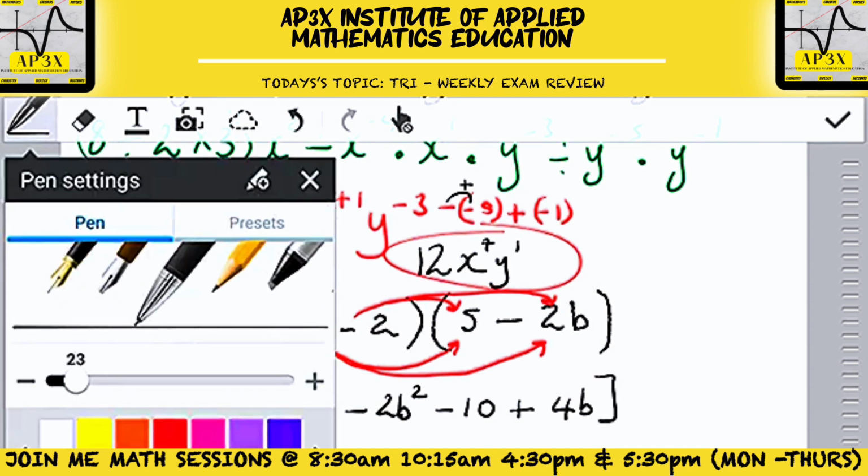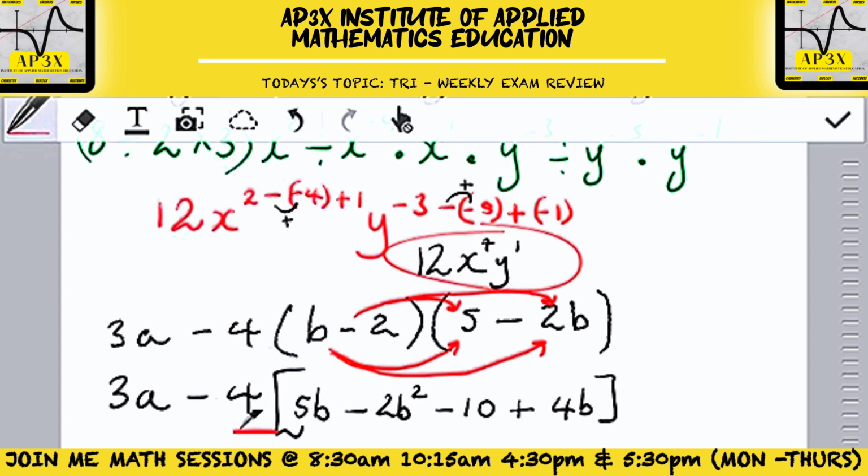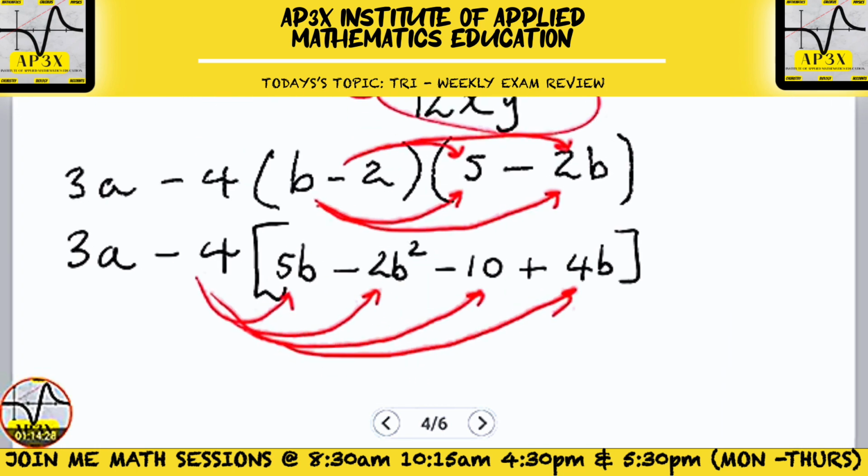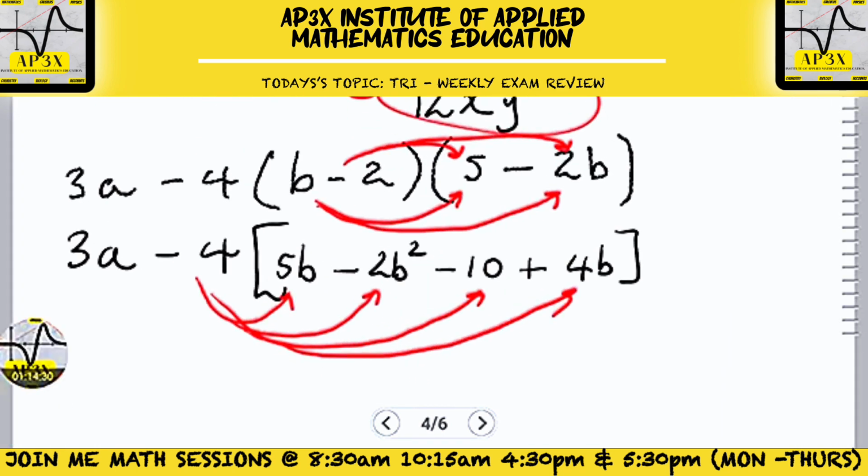And then finally now, all we're going to be doing here is just distributing the minus 4 here, here, here, and here. Alright, so we're going to be distributing that.